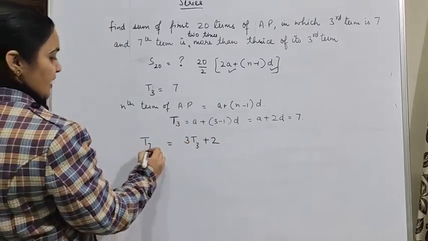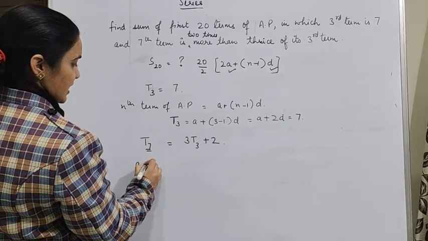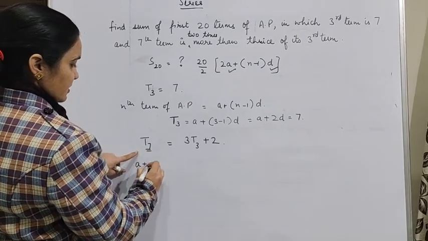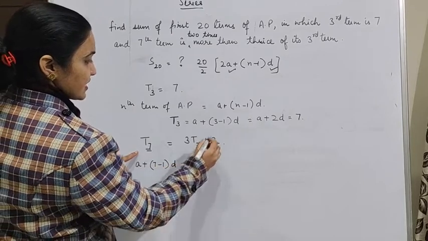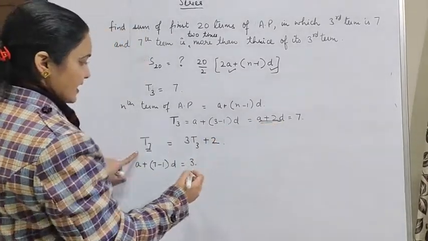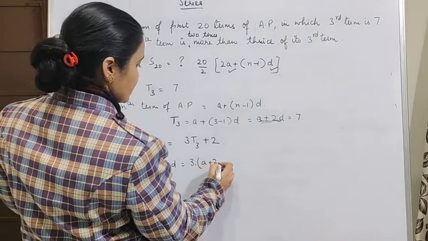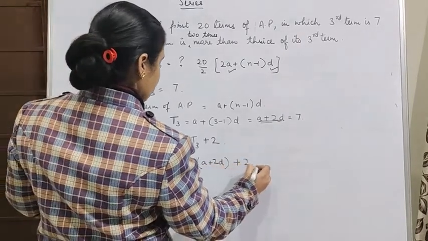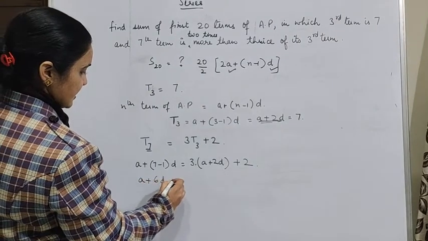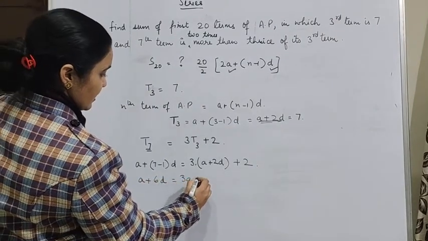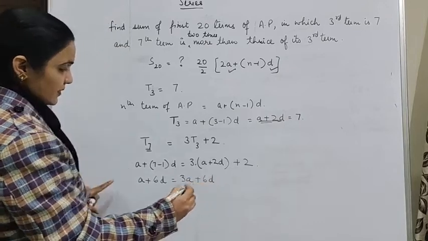Clear? So we have T7 as a plus n minus 1 times d. T3 we have calculated as a plus 2d, plus 2. So we have a plus 6d is equal to 3a plus 6d plus 2.